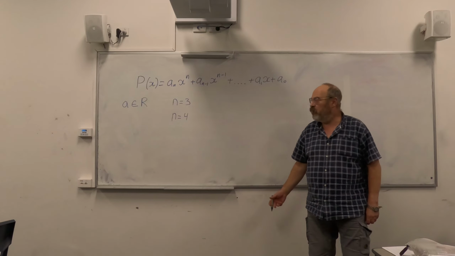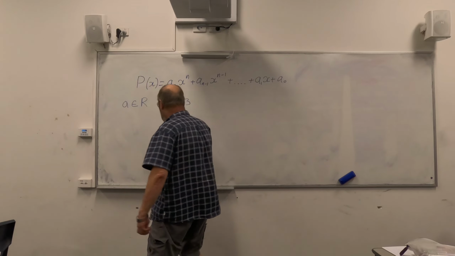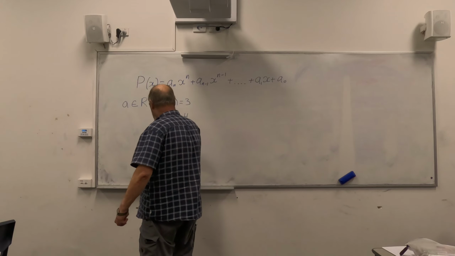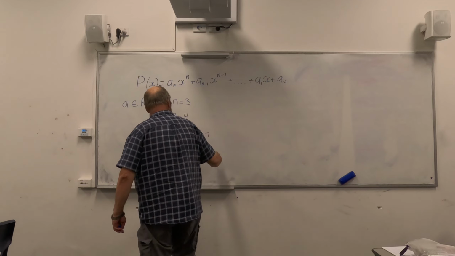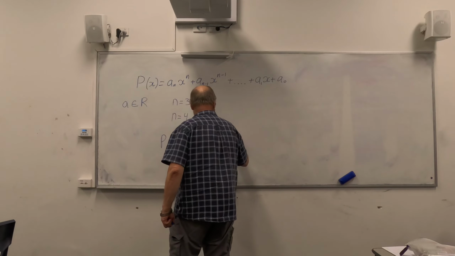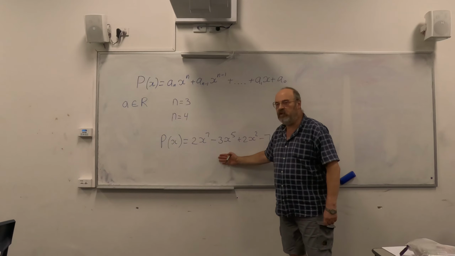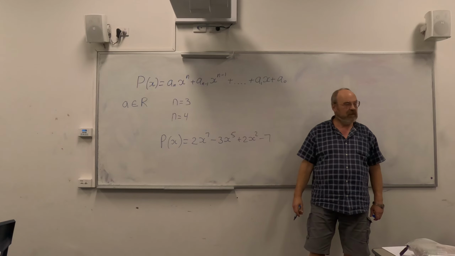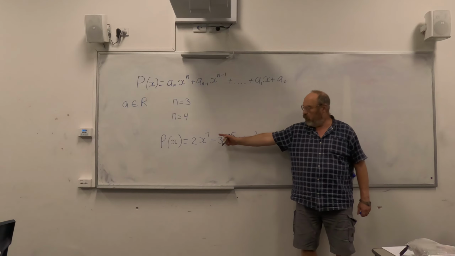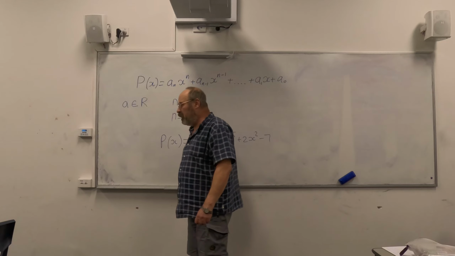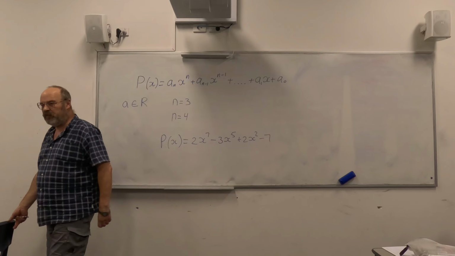And so, for example, if I write p of x equals 2x to the power of 7 minus 3x to the power of 5 plus 2x squared minus 7, what is the degree of this polynomial? 7. The highest power is the degree of the polynomial.